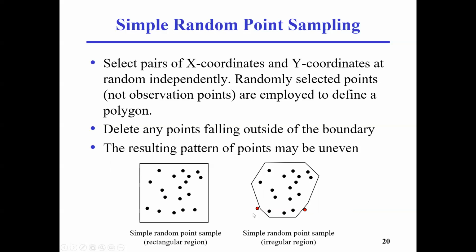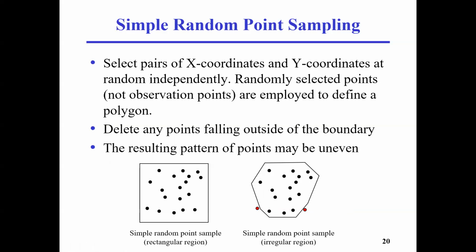And here is another example, right? We randomly chose 1, 2, 3, 4, 5, 6, 7, 8 points to form this irregular polygon. And unfortunately, 2 points are outside of the boundary of this polygon. Yeah, I will just delete them.